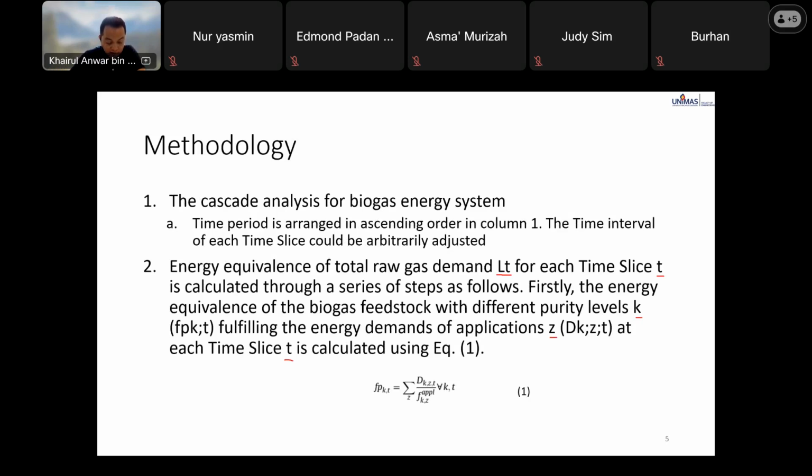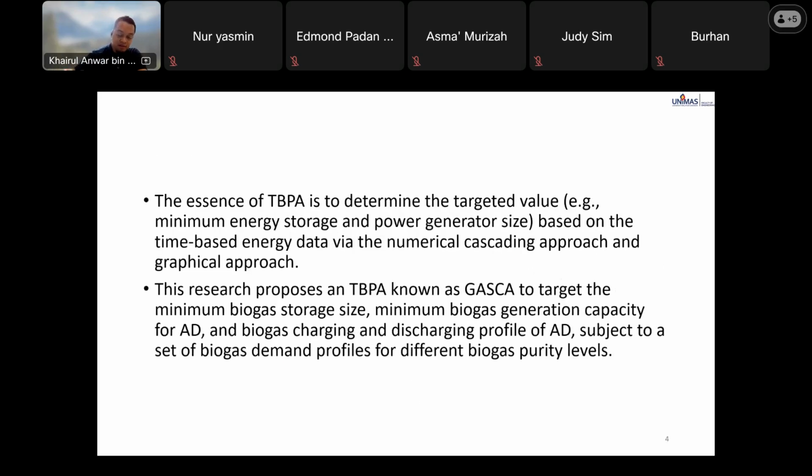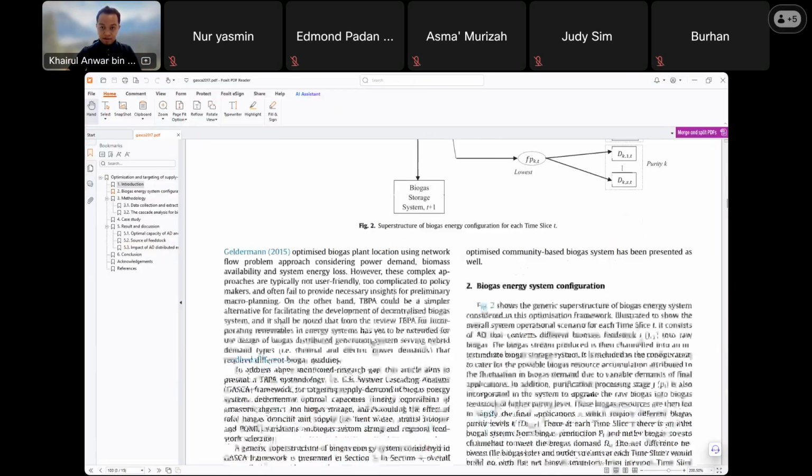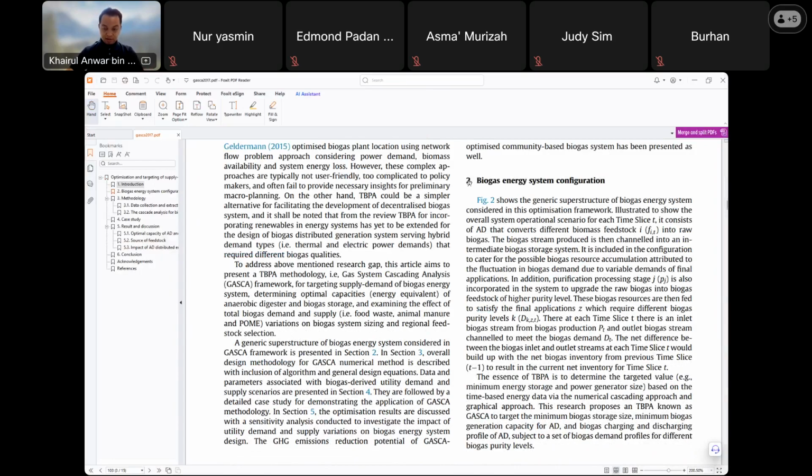Need to understand first the abbreviation or symbol in this paper. So you need to check the paper. Yeah, this one.